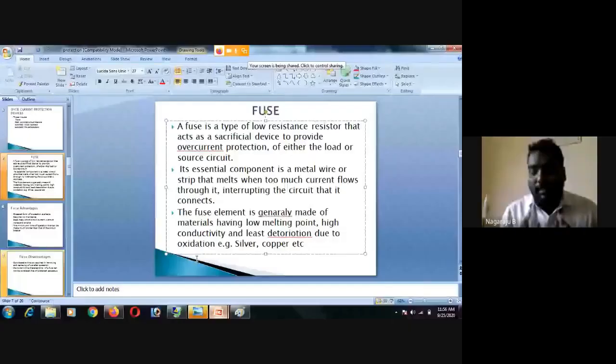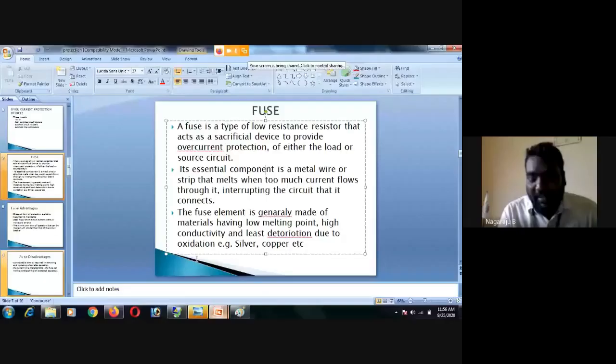Power fuses are employed where the system voltage is above 34.5 kilovolts, or where the interrupting requirements are greater than the available fuse current ratings. So whenever you have 34.5 kilovolts or higher, you can use this particular type of power fuse.